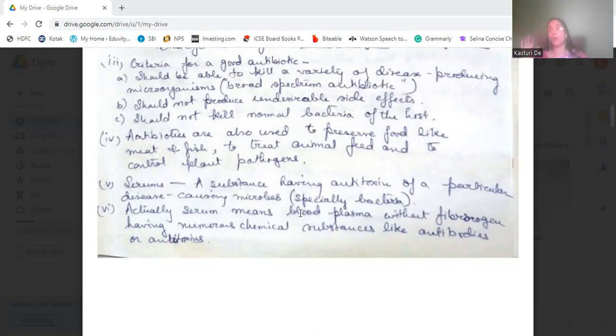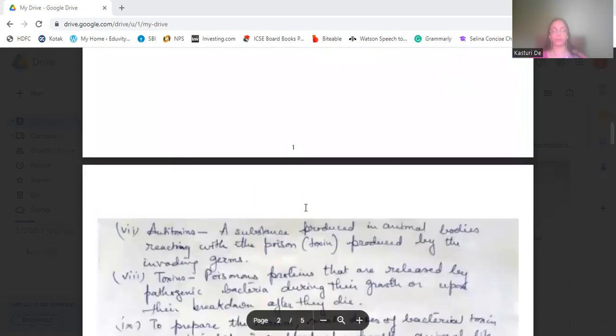Blood plasma without the fibrinogen, but having numerous chemical substances like antibodies and antitoxins. That is what serum literally means. But here, serum is a substance which contains the antitoxin of a particular disease-causing microbe, especially bacteria.